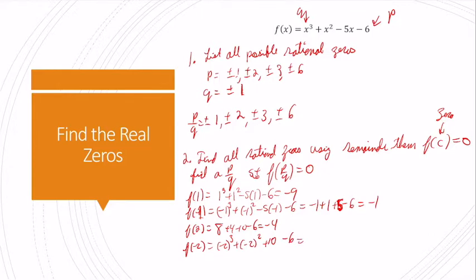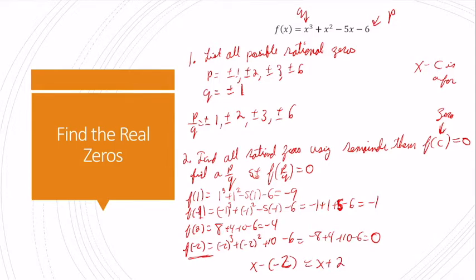That gives me negative 8 plus 4 plus 10 minus 6, which is 0. Hooray! So I know that x minus c is a factor if c is a 0, so x minus negative 2, which is x plus 2, is a factor of my polynomial.